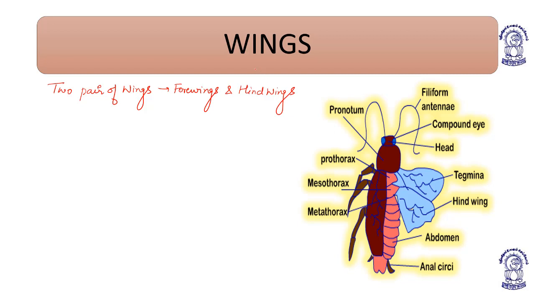Okay. So there are 2 pairs of wings found in the cockroach. The first pair is the mesothoracic wing, and the second pair is the metathoracic wing.